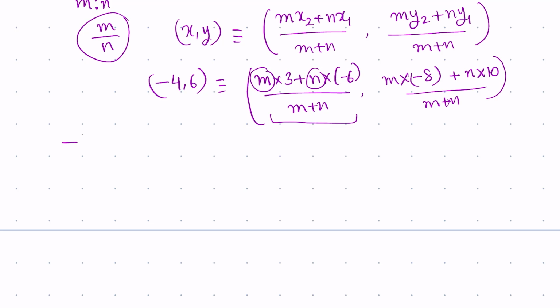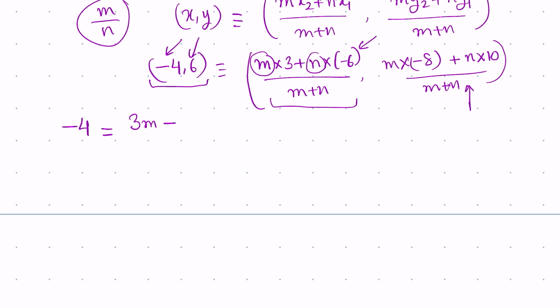So minus 4 is equal to 3m... well, they're equal because this is called an ordered pair. So this part will be equal to this, and this is equal to this part. So (3m minus 6n) divided by (m plus n) is equal to minus 4.